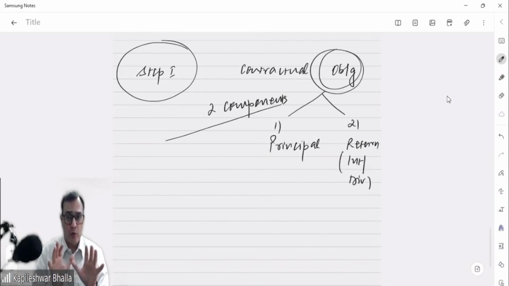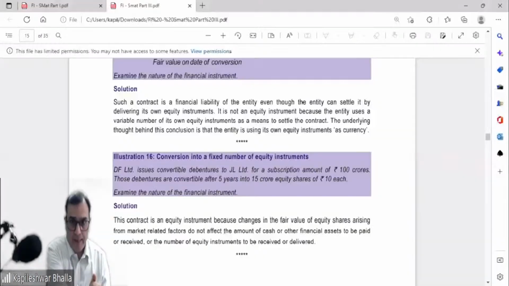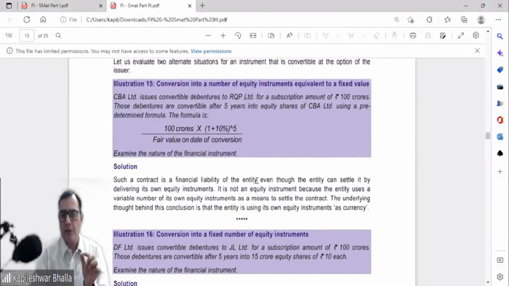If you've got two different modes of payment, like for example, in illustration number 15, which I just did, I'd like to take you back. You could see in the numerator, the principal and interest put together is being divided by the fair value of the shares, which means both the principal and the interest are being paid by only one mode of payment, and that is shares.